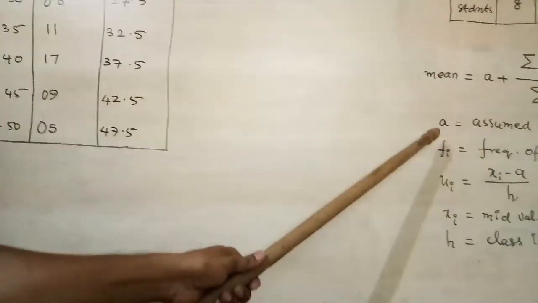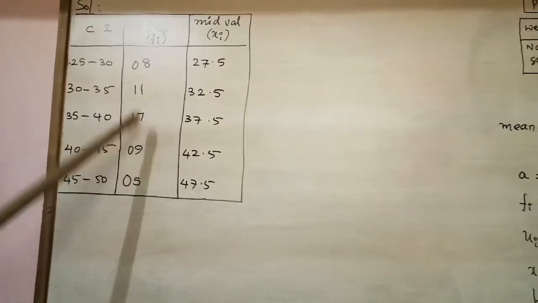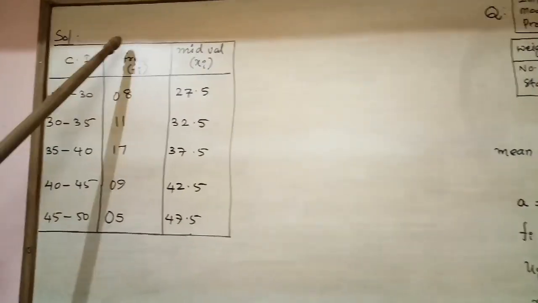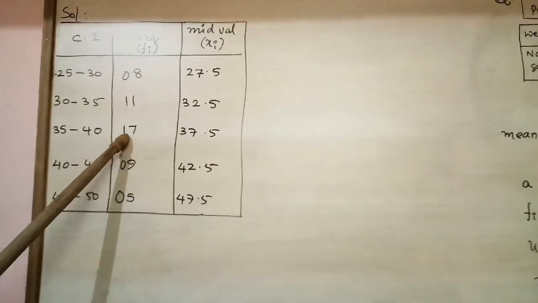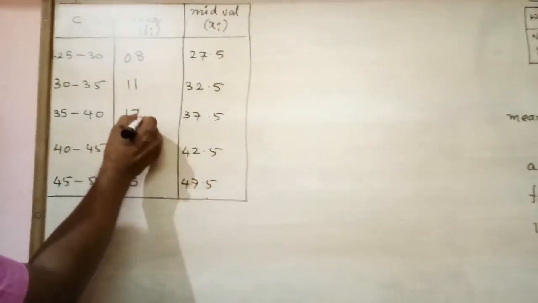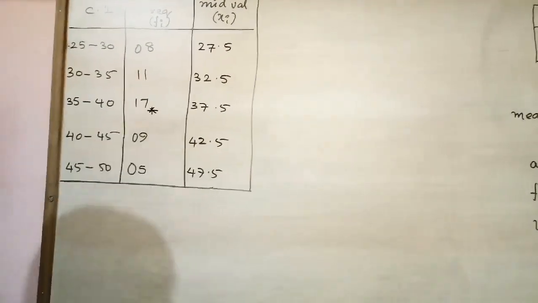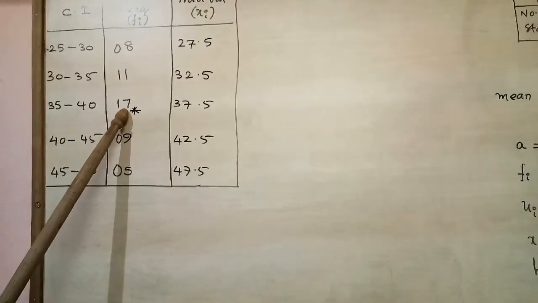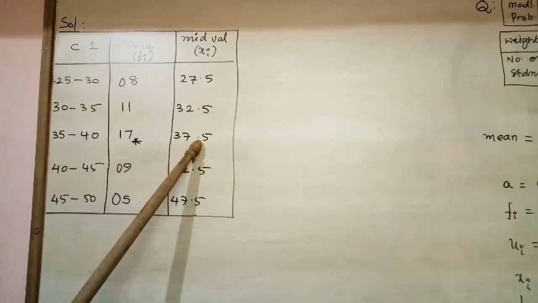To locate A, first see the column of frequencies. In this column, find the largest value, the highest frequency. Against the highest frequency, we have a class mark.